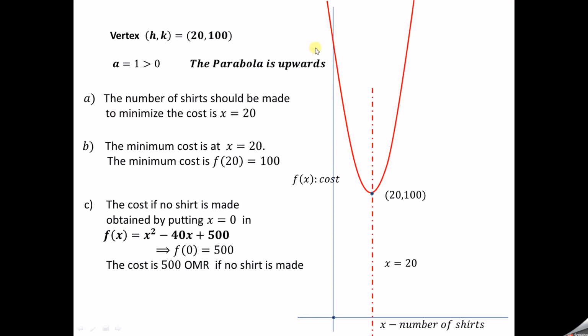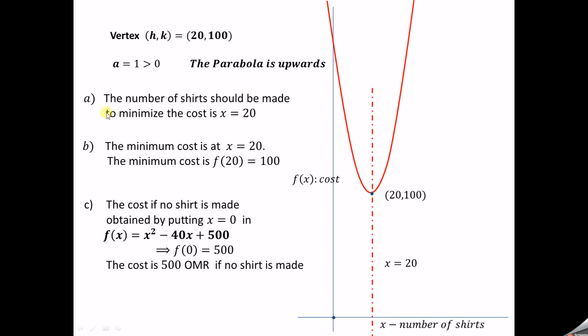The parabola is upwards and the vertex is at (20, 100). x is on the x-axis, which is the number of shirts, and f(x) is the cost, on the y-axis. Now the parabola is upwards, as we have seen, since a is 1, which is greater than 0.